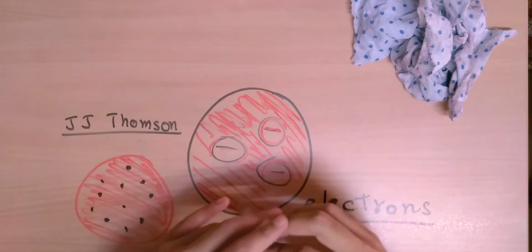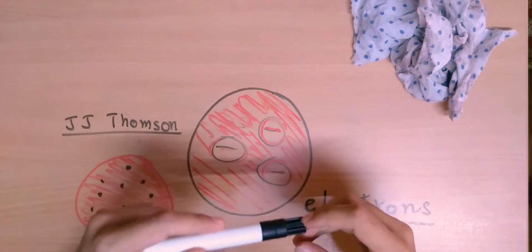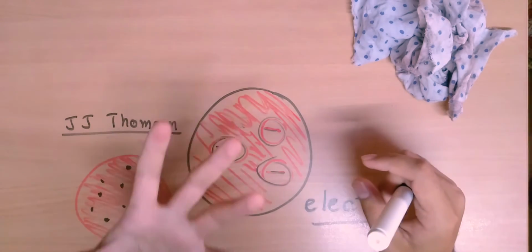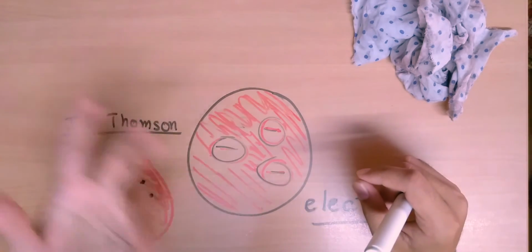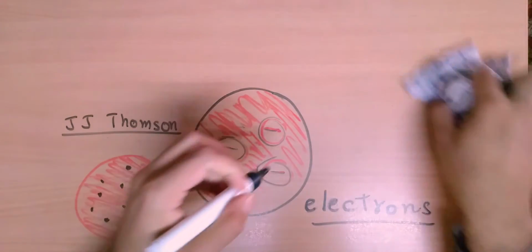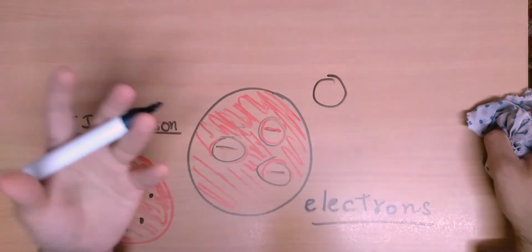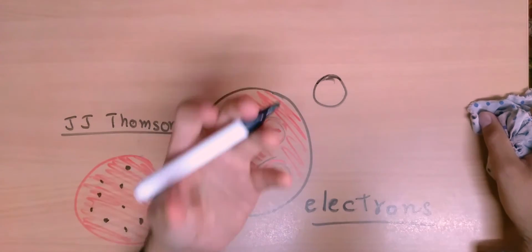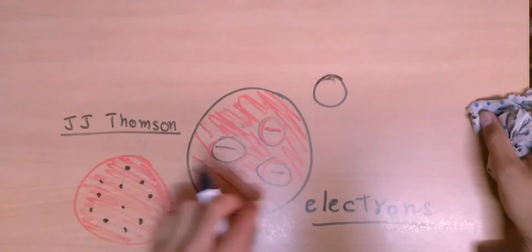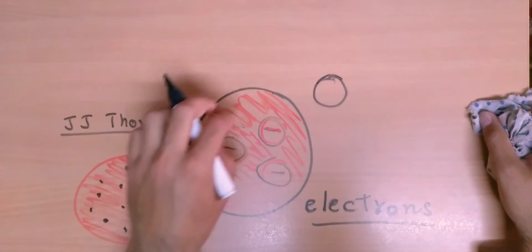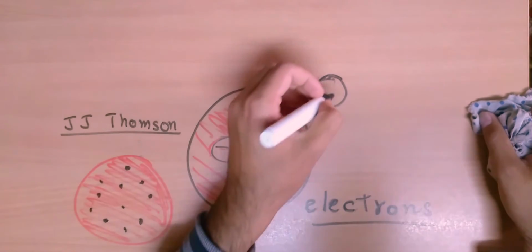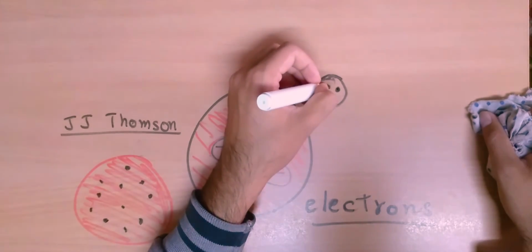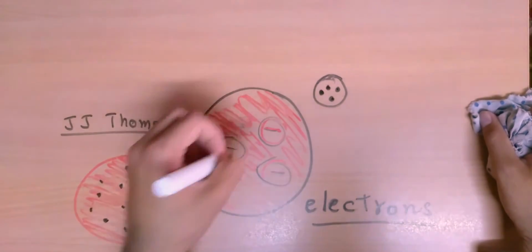Why plum pudding? Because in those days they had this plum pudding. Not just in those days, even now we have pudding. He called it plum pudding. A pudding is just like a muffin. And so he imagined the major part of the pudding as this positively charged soup, and in that muffin we had these raisins or dry fruits that were like the negatively charged particles.